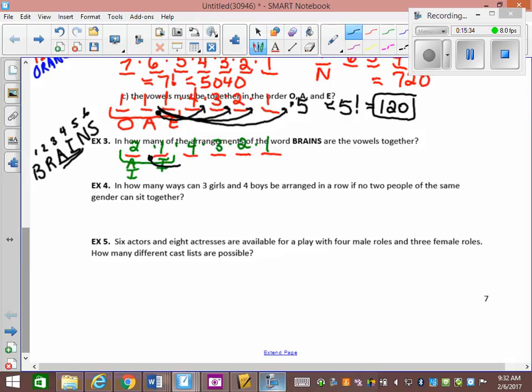So here's 1 way, or 2, or 3, or 4, or 5. So I'm going to get 2 times 1, which is 2 factorial. Or instead of saying 2 factorial, I could just say 2, right? Because 2 times 1 is 2. And then I have 5, 4, 3, 2, 1, 5 factorial. So it's going to be 240.